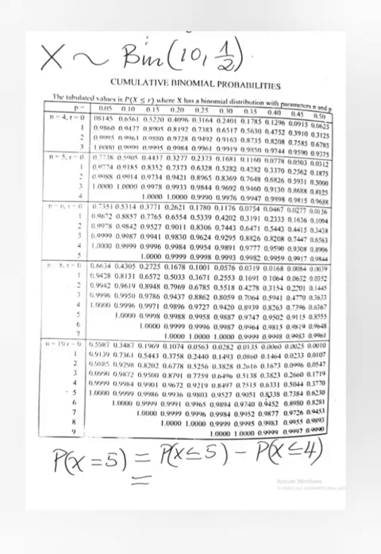I will now go to my table where N is 10. I'll be dealing with this lower section of the table. The values of P appear at the upper first row there, and my P in this example that I've chosen is half. Half is 0.5. So I'll be reading X values where P is 0.5. Now, when I come to P of X less than or equal to 5, I will locate 5 on this lower part of the table.